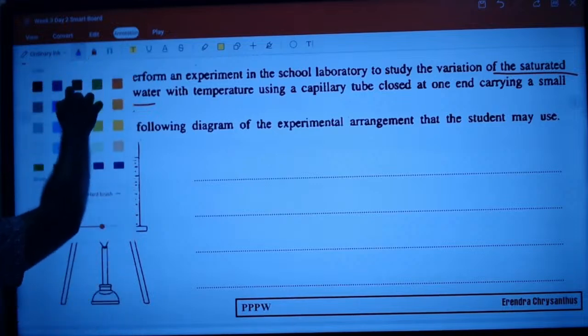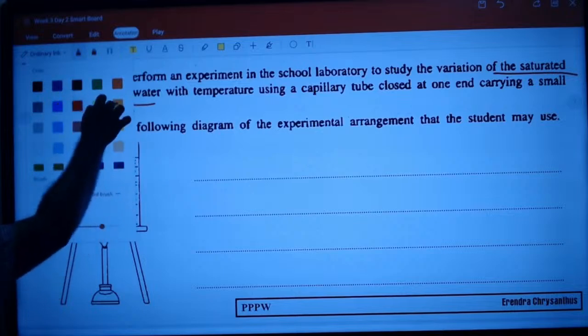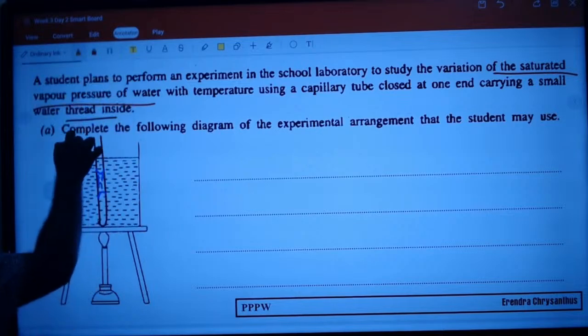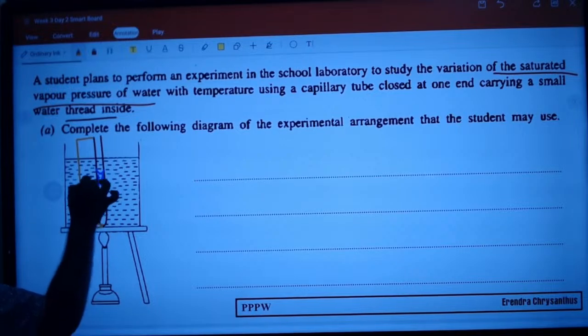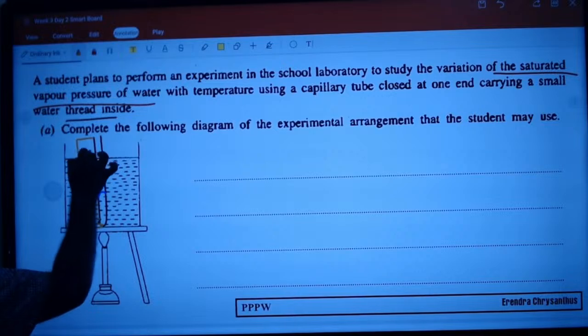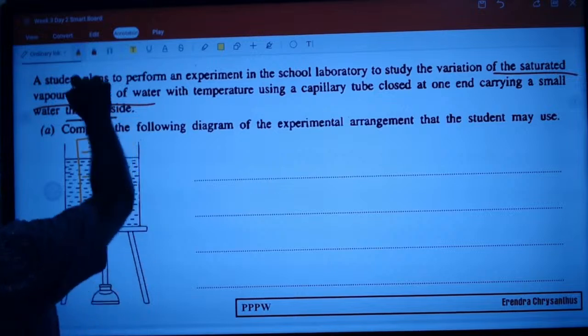From this connect the linear scale. There you go, linear scale. So complete the following diagram. Thermometer is required.